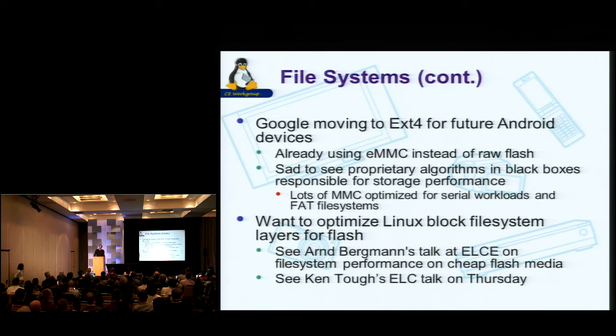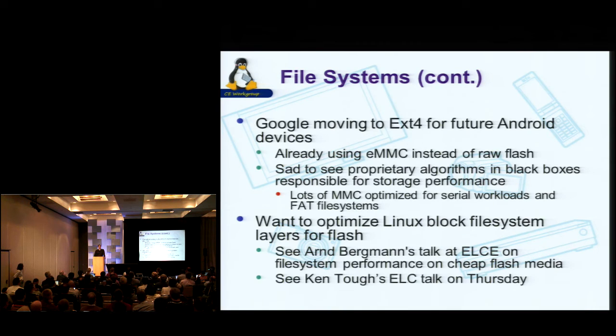Part of me is kind of sad to see a move away from raw flash because now you've got these proprietary algorithms inside the flash chips that are responsible for the performance of your storage. And that is actually pretty terrible because these MMC chips are not optimized for the ext4 file system, let me tell you.